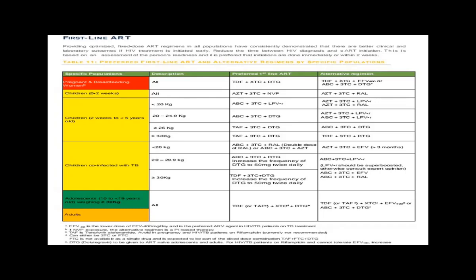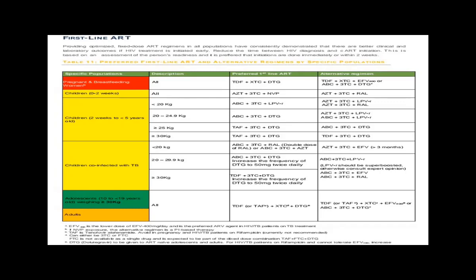And then for children with co-infection with TB weighing 20 to 29.9 kg, we're going to give abacavir plus lamivudine plus dolutegravir, of which we are going to increase the dosage of dolutegravir by 50 twice daily.